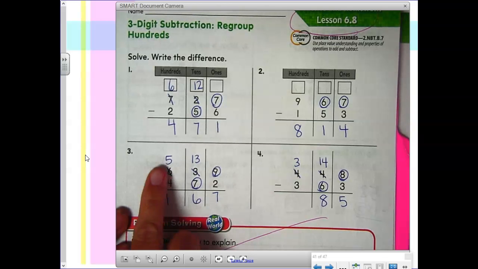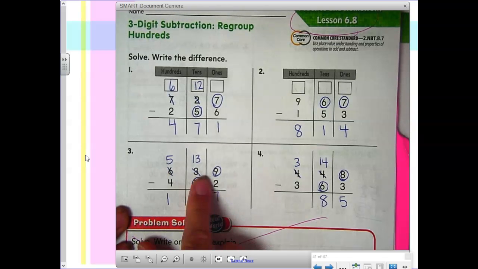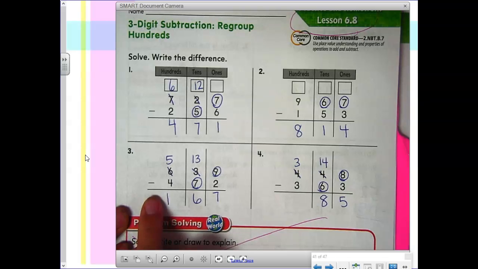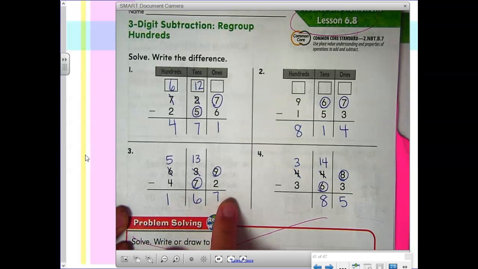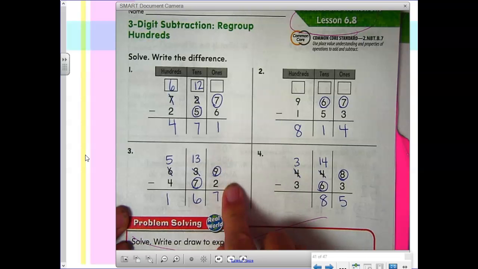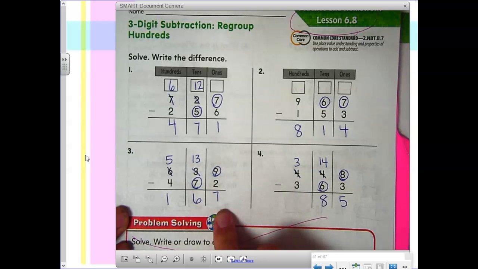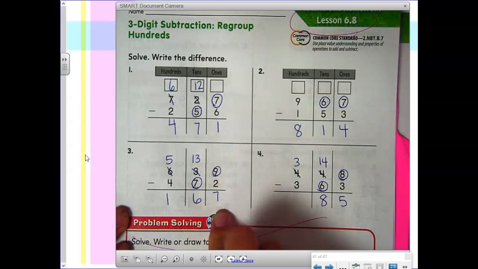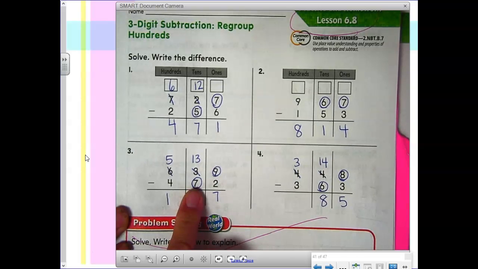Number 3, 639 minus 472. Start on the right. 9 minus 2 is 7. That's because my big number was on top. The next one, in the tens place, 3 minus 7. I can't do that because I have more on the floor.